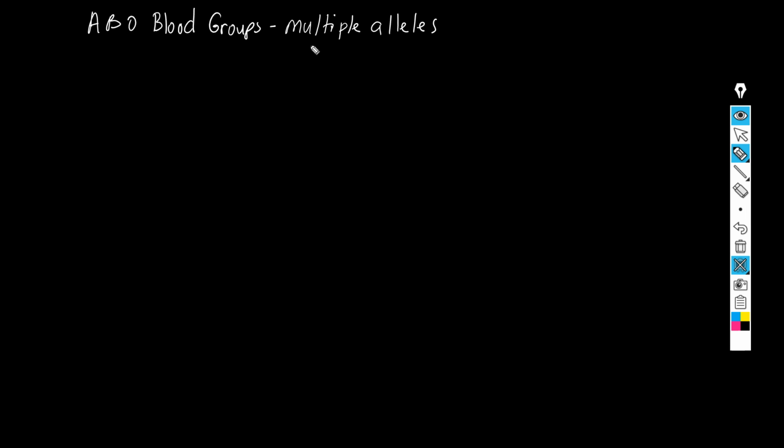And what that means, and I'm just going to put a number to it, there are 3 alleles for blood groups. Now, when we say that there are 3 alleles, that means that there are 3 alleles for ABO blood groups within a population. Each individual still only has 2 alleles.